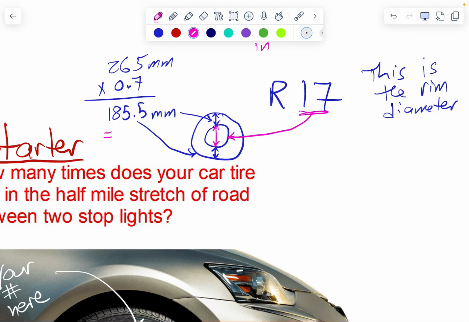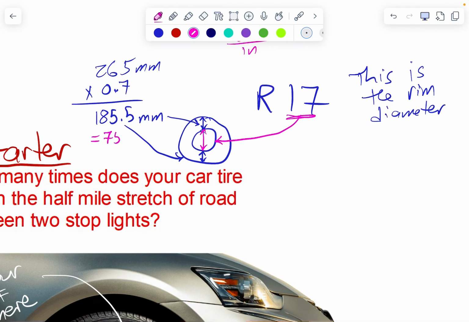Do you have it? 7.5. Perfect. So this is 7.5 inches, and we have 2 of them, okay?